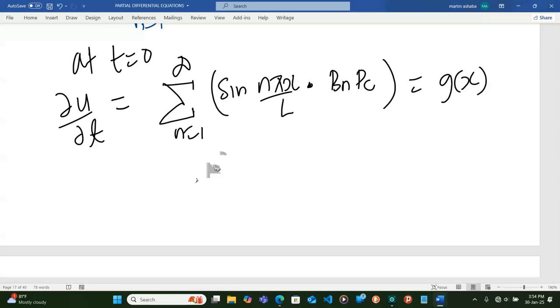But remember we had said that P is equal to n pi out of L. So I can substitute this in, with P going away.